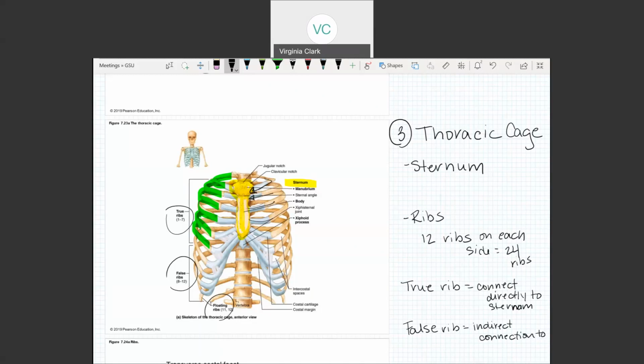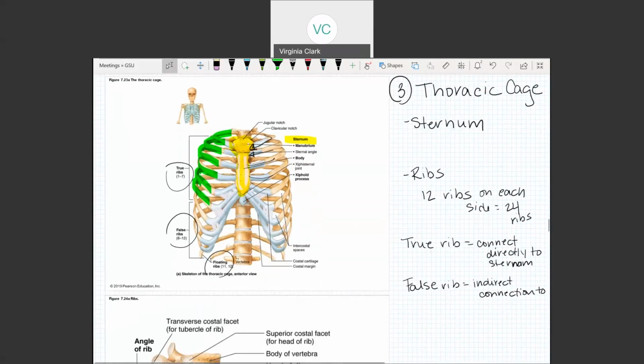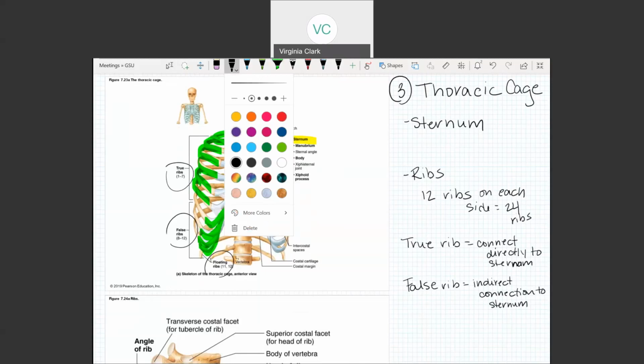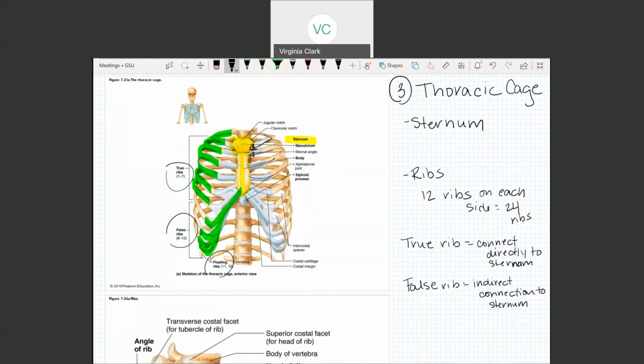So when you have this indirect connection, you'll notice that all of these guys right here are connecting not to the sternum itself, but they're connecting to the cartilage of the rib above it. And then that is connecting to the sternum. So that's how you get this false rib. They are connected to the sternum, but they are falsely connected. So it's an indirect connection.